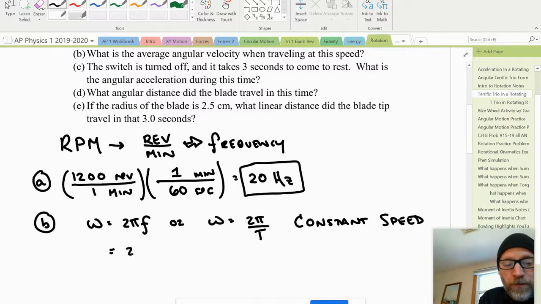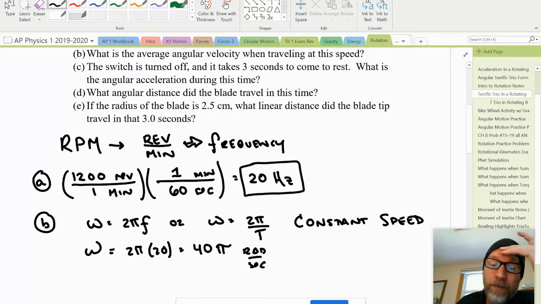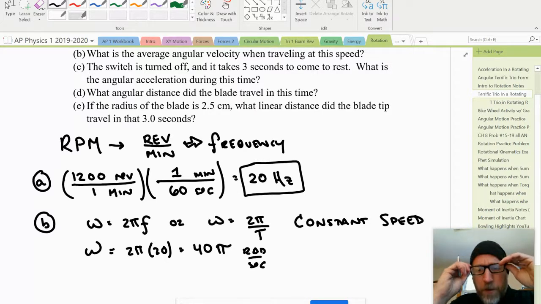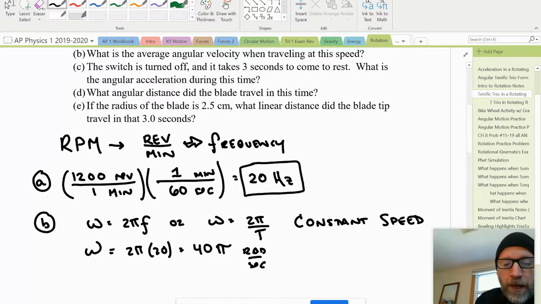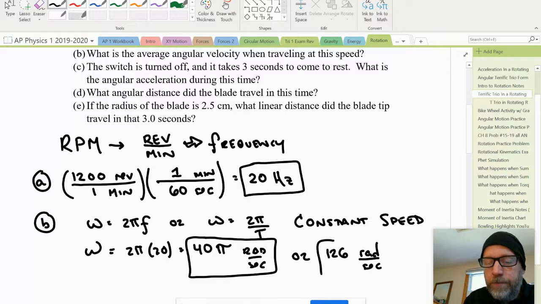That's easy. 2 pi times 20 is equal to 40 pi radians per second. Technically, I could just leave that as hertz, because radians, as we saw earlier this week, is sort of a unitless value, but I'm going to leave it on there because it helps us see it. If I multiply out 40 times pi, I end up with 126 radians per second.